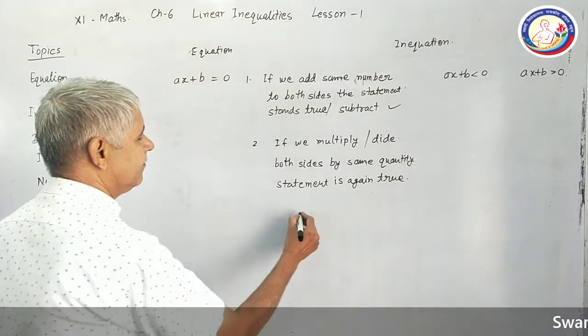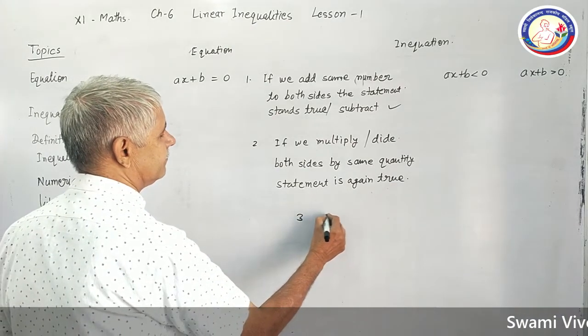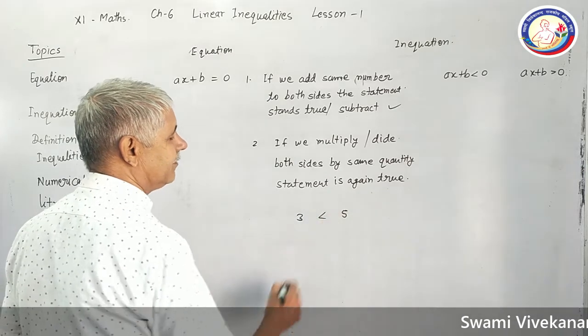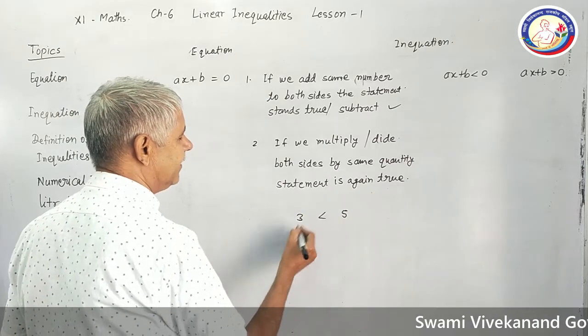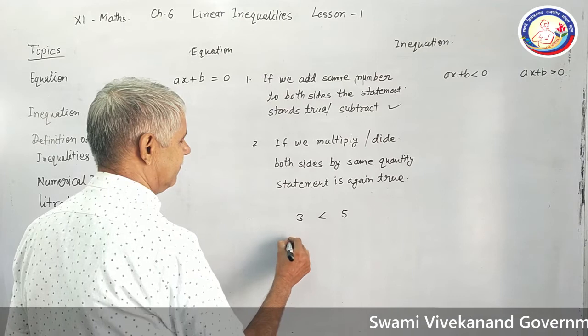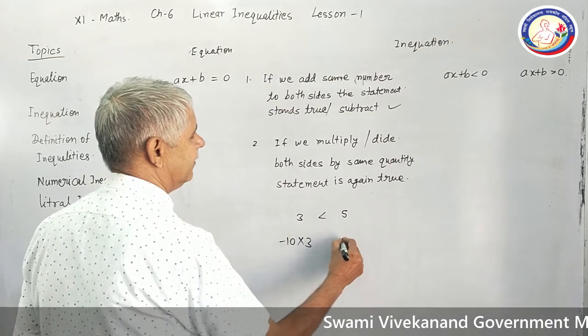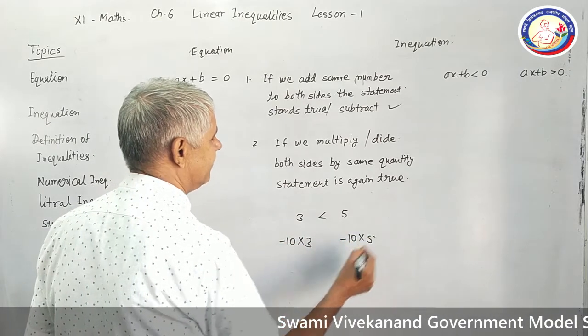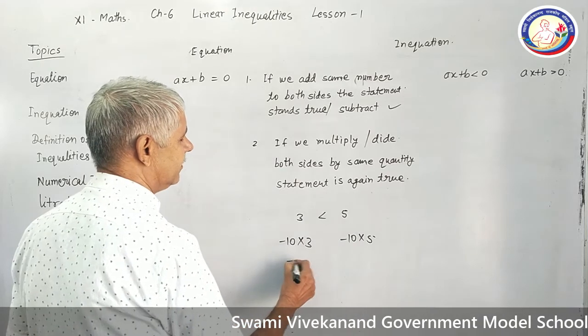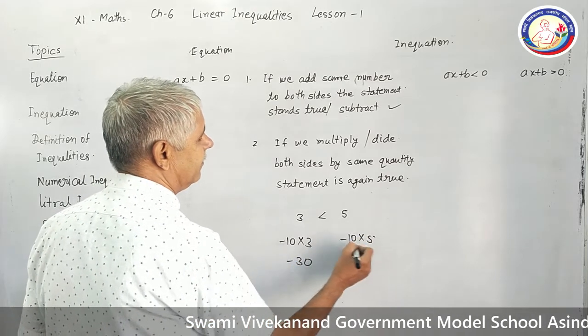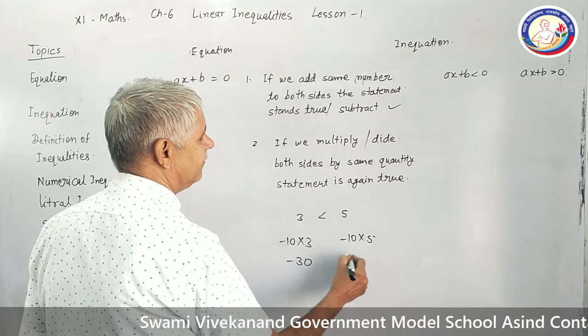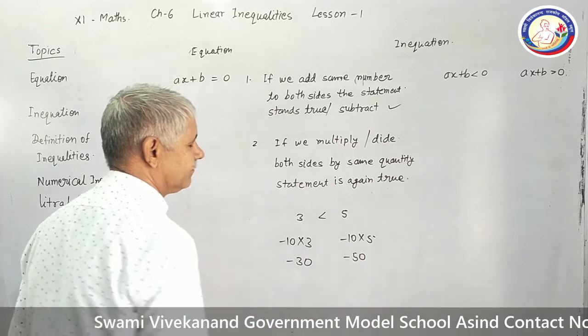First of all, I am multiplying this by minus 10. Minus 10 into 3, and here minus 10 into 5. What will happen? 10 into 3, that is minus 30, and 10 into 5, that is minus 50.